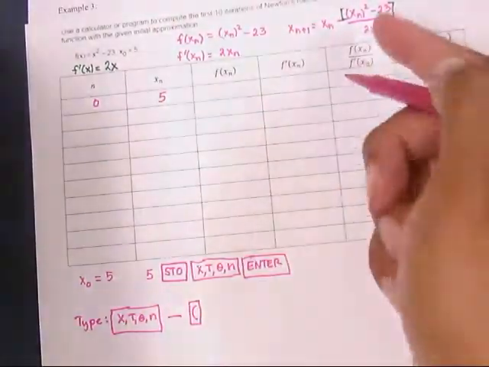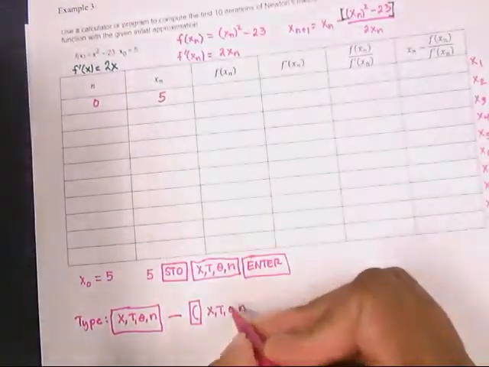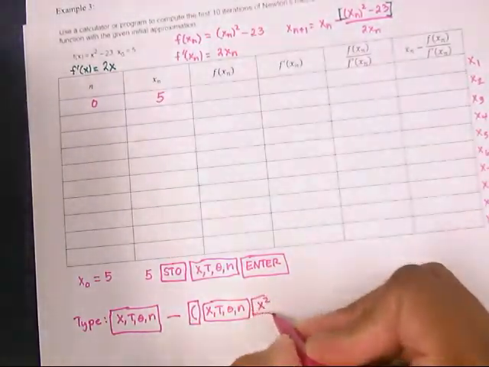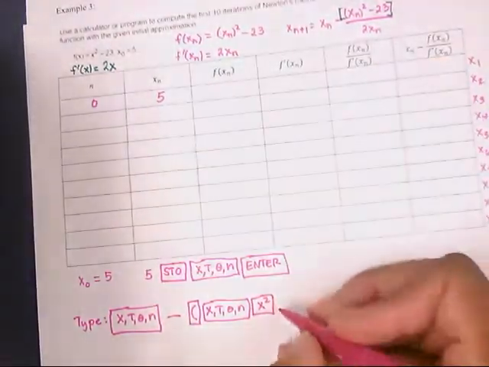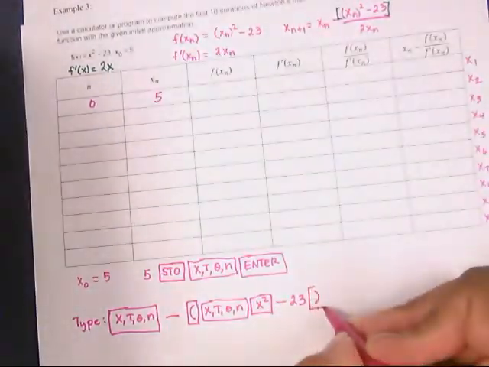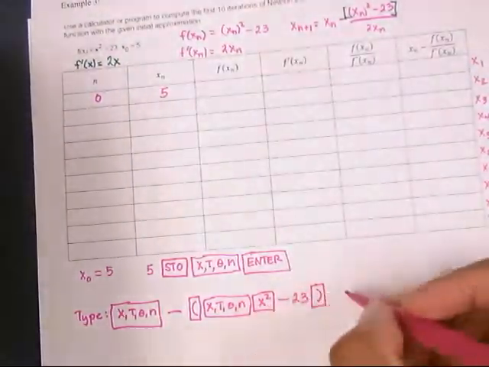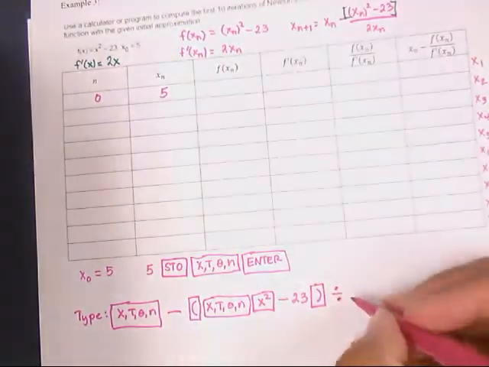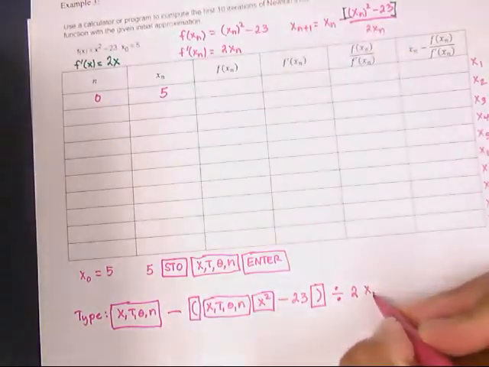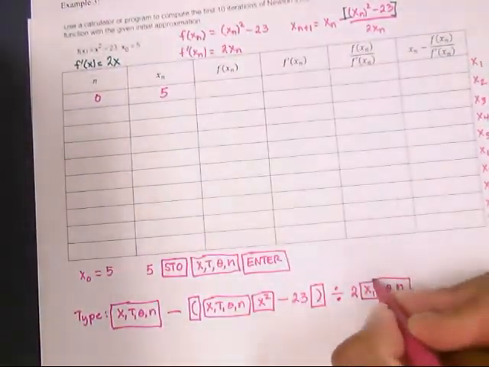And then for the x of n squared, I'm going to press X,T,theta,n for the x, and then press the x squared button for it to be squared, and then minus 23, and then your right parentheses, you want to close that off, and then whatever this is, you're going to divide that by the 2, and then X,T,theta,n for the x.